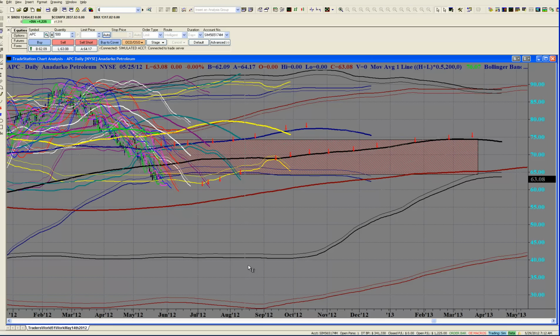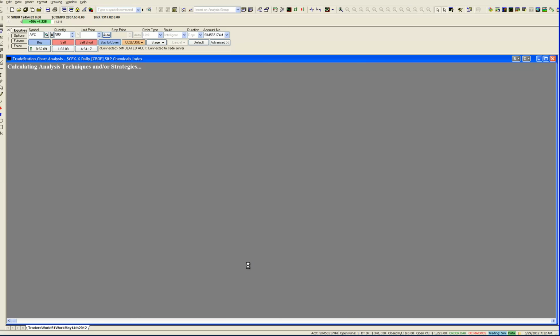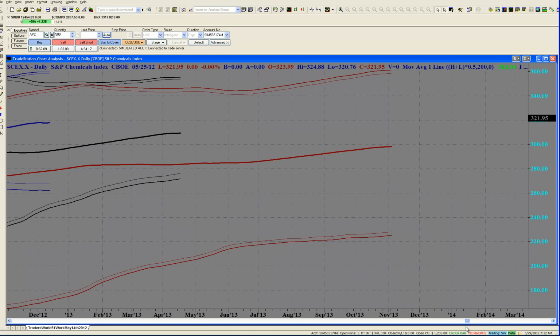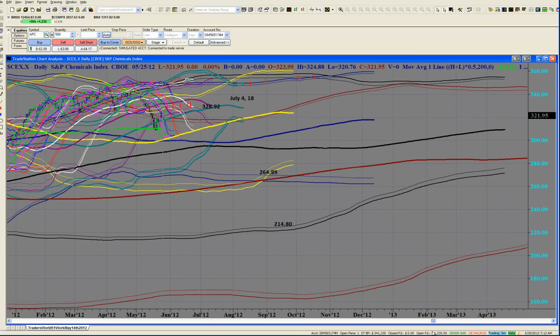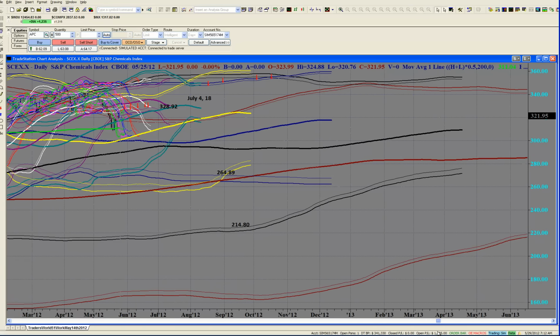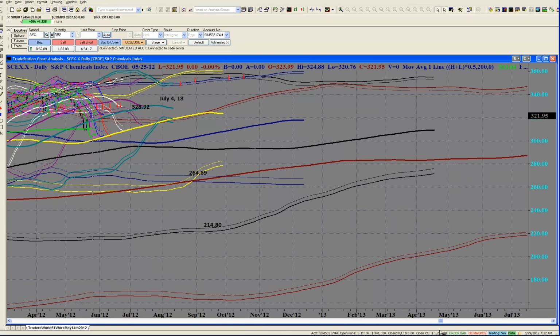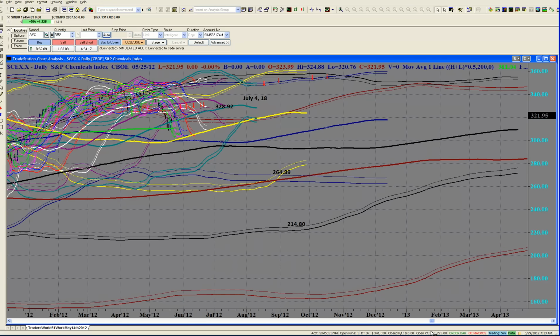Another area that we're going to want to look at is when the S&P breaks those critical levels, and it's not a matter of if, it's just a matter of whether it happens in the next day or two, or during those periods that I identified in June and especially mid-July and late September, and then of course December through May of next year, with the first area of capitulation being somewhere into the end of February of 2013.